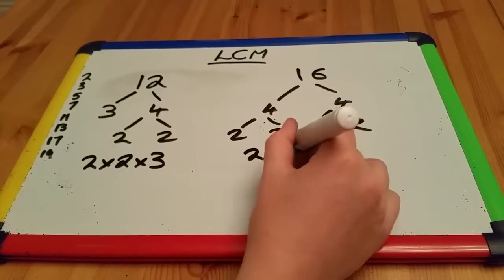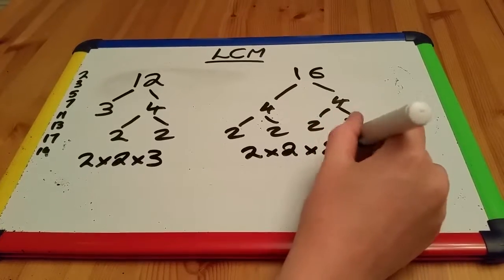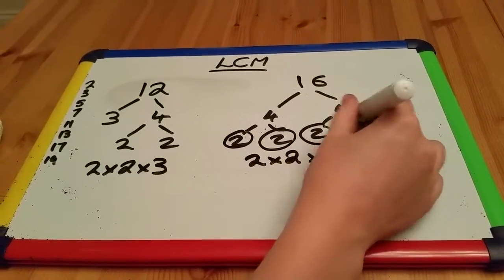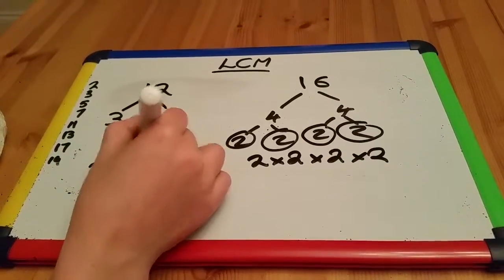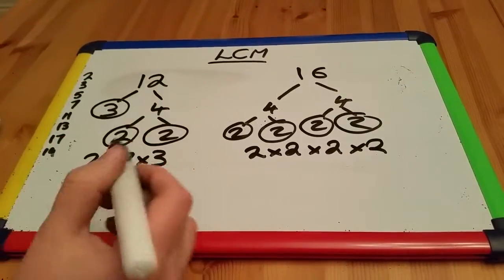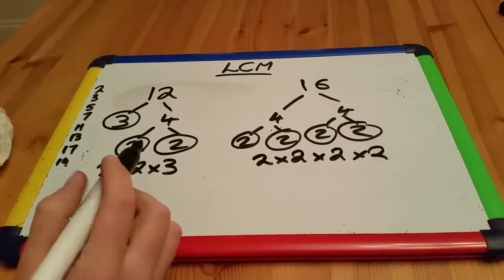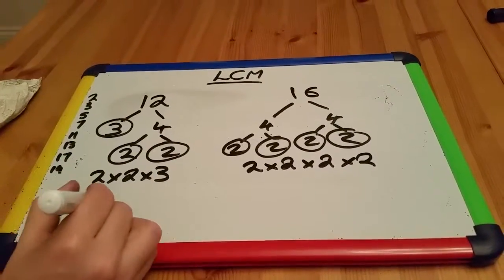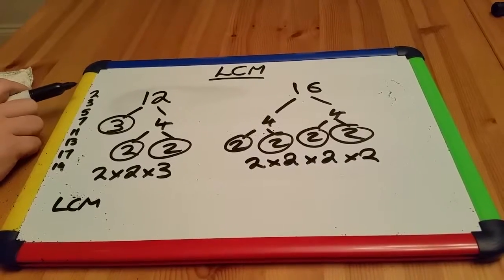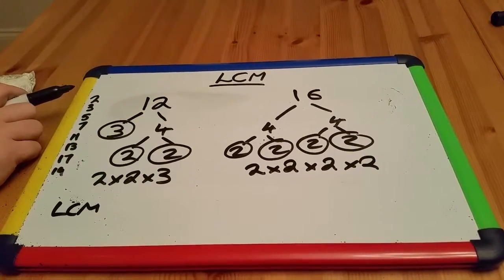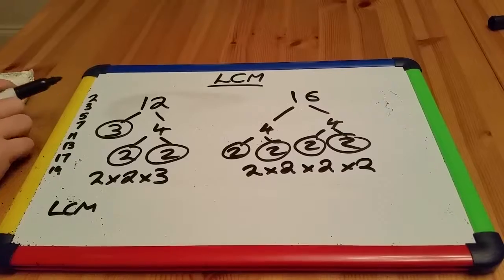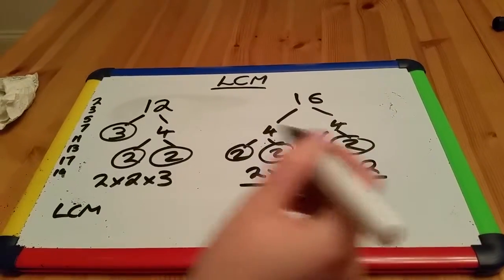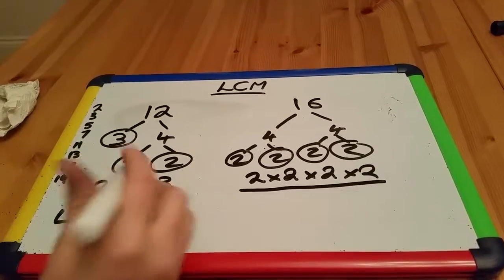The sum for this one is 2 times 2 times 2 times 2. These are all my prime factors. The next step for me to do is to work through picking out the largest group of each prime factor, starting with my lowest, which is 2. Which one has the largest group of 2s? Have a look. Yeah, that's right, it's this one here. There's 4 of them, and I take all of those and ignore the ones there.